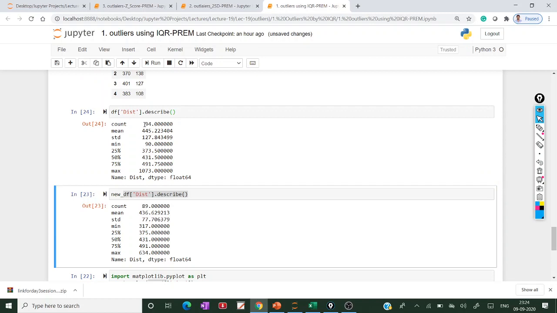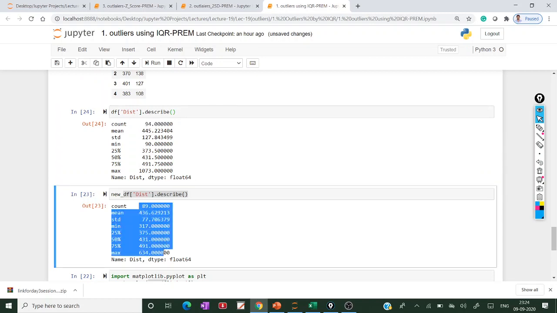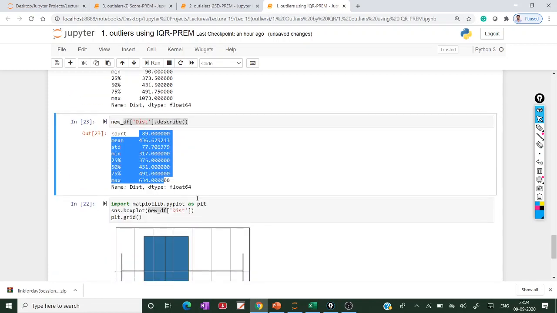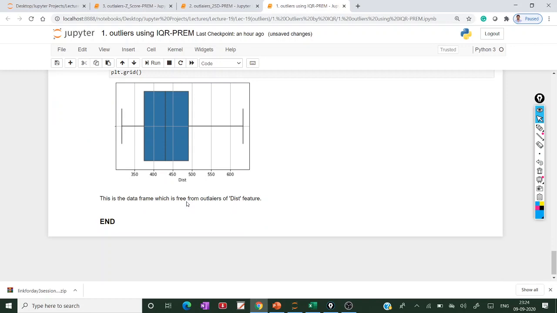So this is before dropping the outliers, and this is the data after dropping the outliers. In this box plot the outliers are already removed. So this is the way we remove the outliers using the IQR, interquartile range.